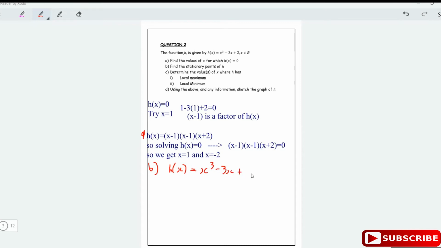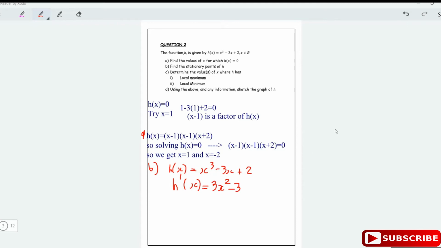To find the stationary points, we're going to have to differentiate this. So h prime of x is going to be equal to, when you differentiate x cubed, we get 3x squared, carry down the power, subtract 1 from the power, minus 3.